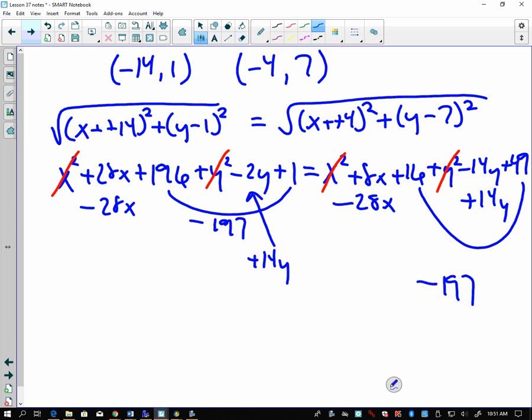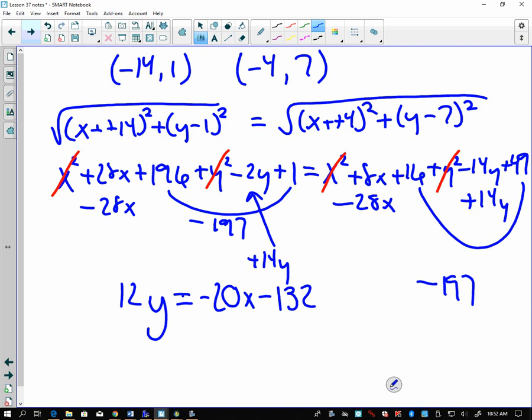Because it's positive 197 over here, I've got to subtract it. So I have negative 2y plus 14y. That's going to give me 12y, right? Equals. All right. I've got 8x minus 28x. That's going to give me negative 20x, right? Okay. Now I've got 16 plus 49 minus 197. Negative 132.